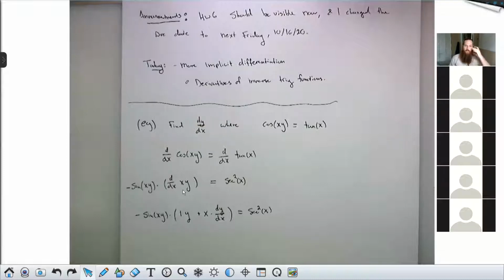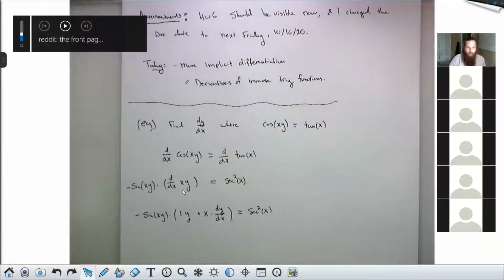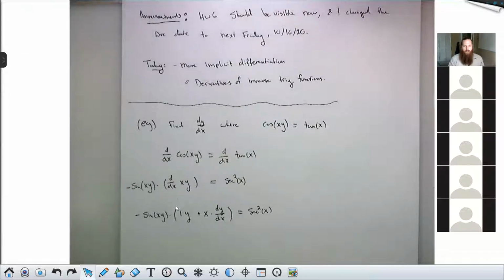I'd like to pause here for a minute and take any questions. So you just carry down the 1 from y and x? So this is a product rule.